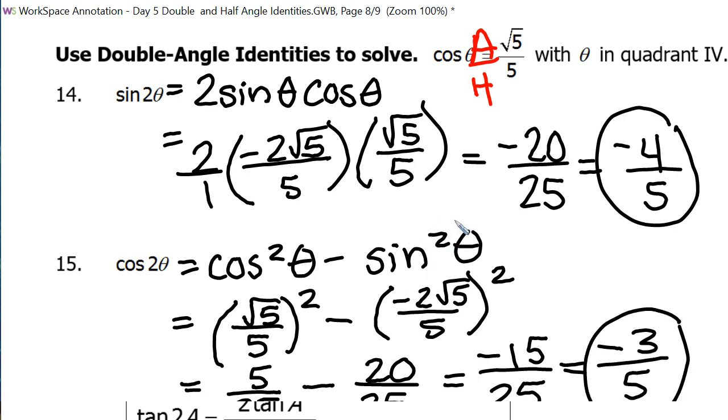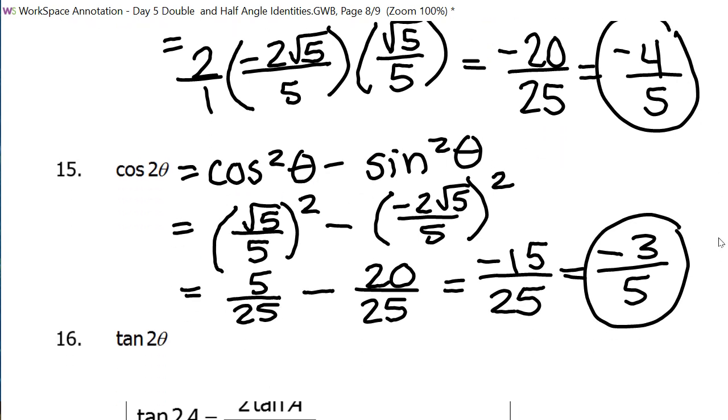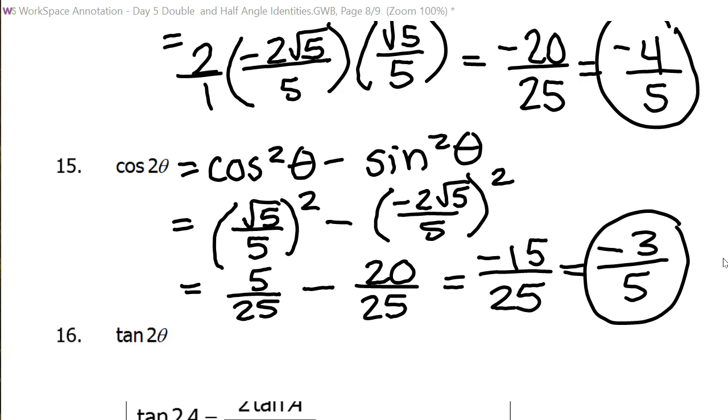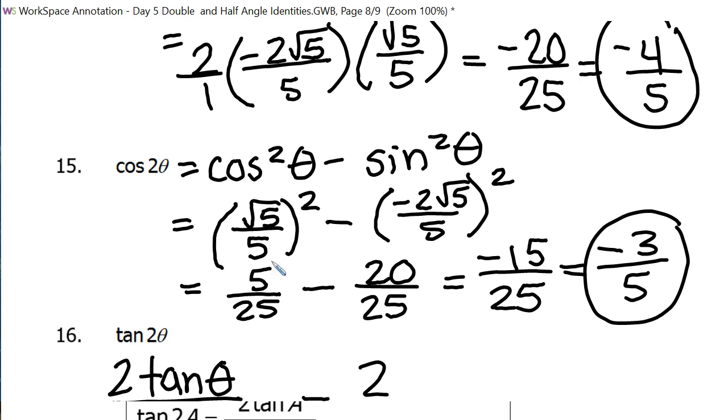And the last one for the double angles, before we move on to the half angles, this time we want tangent of 2 theta, and tangent of 2 theta is 2 tangent theta over 1 minus tangent squared theta. So looking at our triangle, tangent is opposite over adjacent.